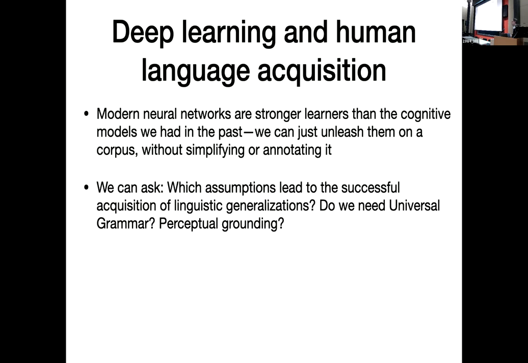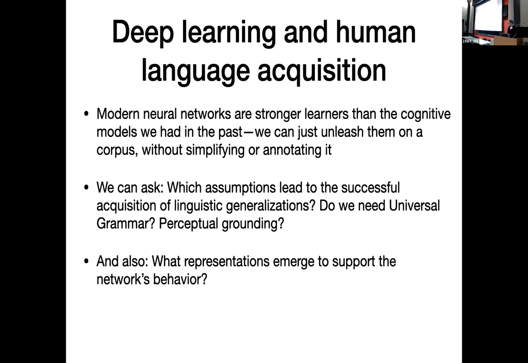Let's say we need universal grammar to look a certain way, or we need grounding. So we can just test these questions by having one model that has grounding and one model that doesn't, and see which model learns better, whether the model that doesn't have grounding is missing something essential that the model that does have grounding is getting.